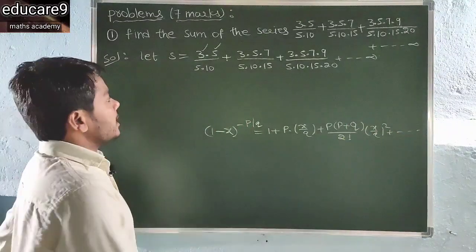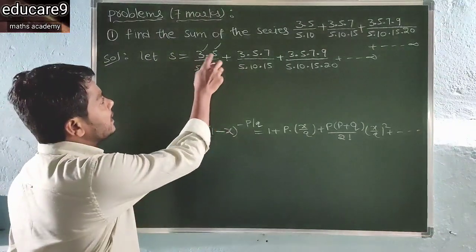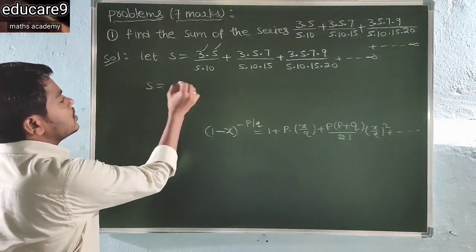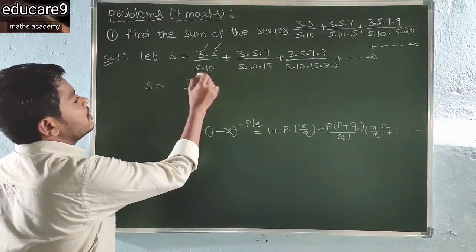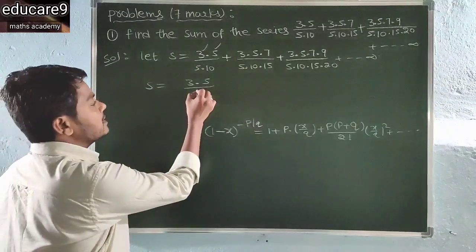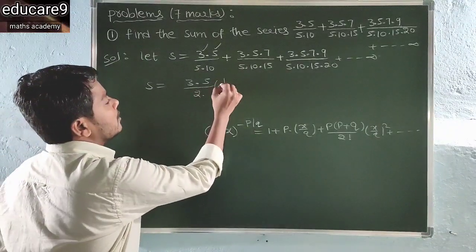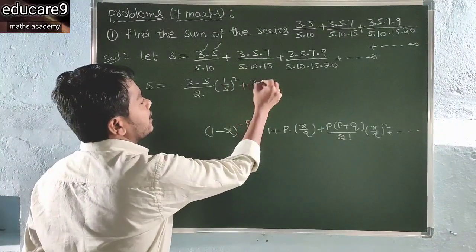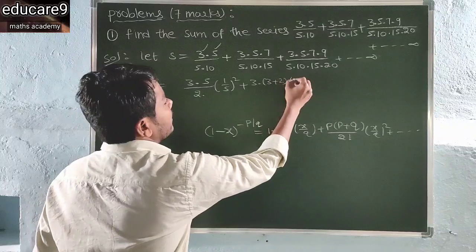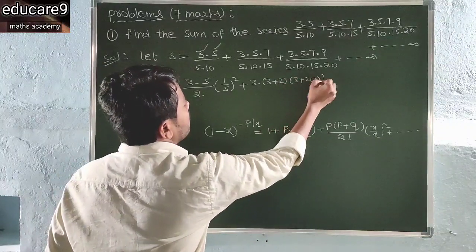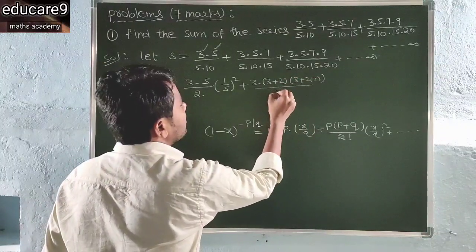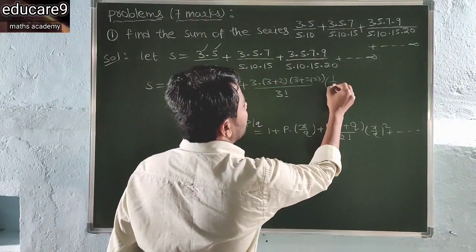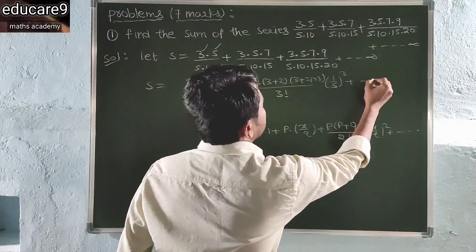Okay. So here, how to write this one? 3 into 5. So S is equal to 3 into 5 by, so 5 into 10 can be written as 2 into 1 by 5 whole square, plus this one 3 into 3 plus 2, next 3 plus 2 into 2 divided by 3 factorial, and this can be written as 1 by 5 whole cube and so on.